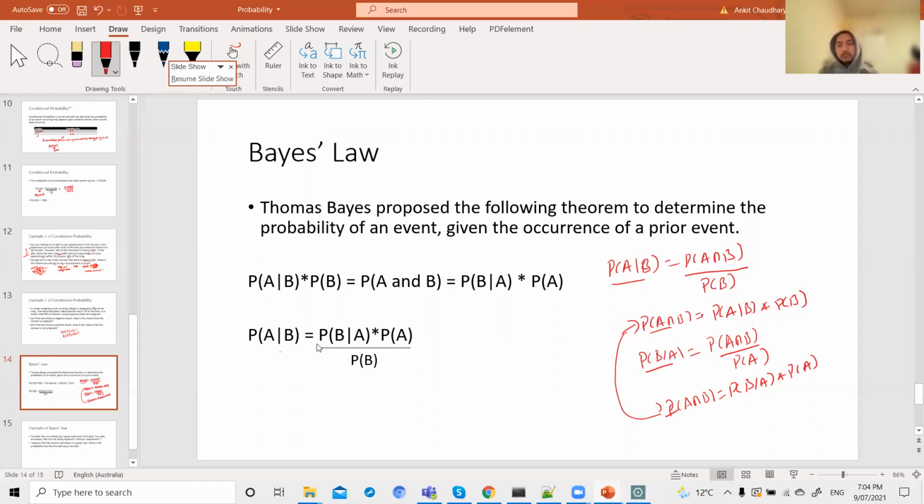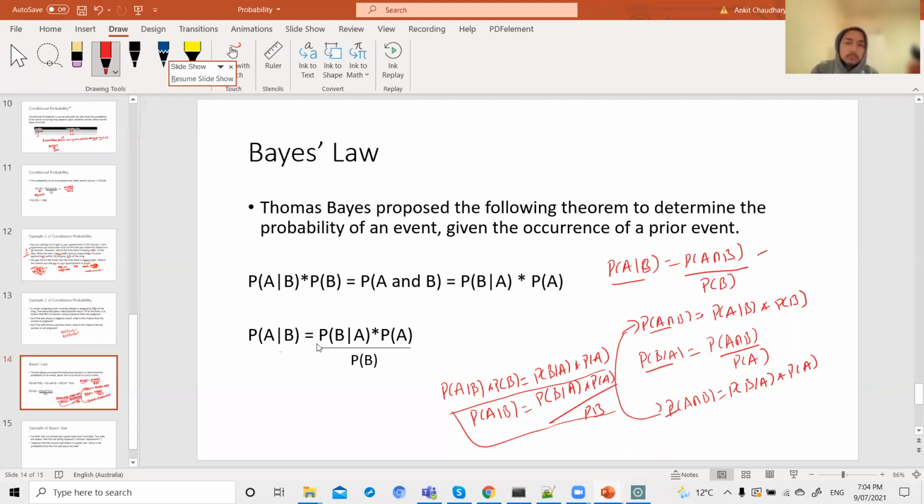So what we can do is the probability of A given B times the probability of B equals the probability of B given A times the probability of A. So the probability of A given B will be equal to the probability of B given A times the probability of A, divided by the probability of B. This is how this formula came up.